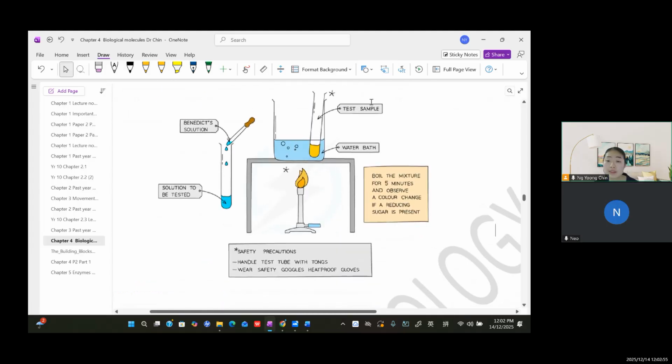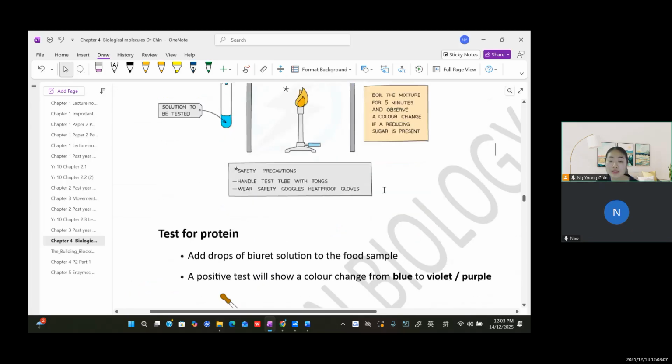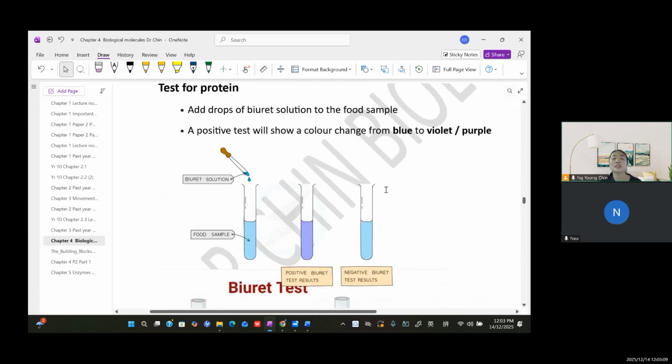This is the experiment setting: you put the food samples together with the test indicators in the water bath and heat with the Bunsen burner for about 5 minutes, and then you can see the color change.